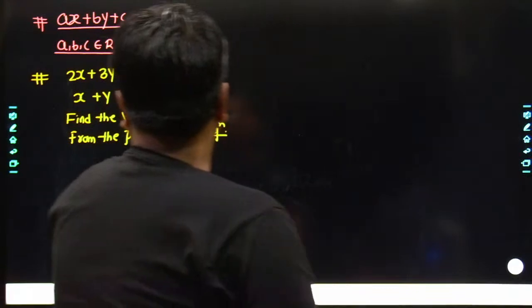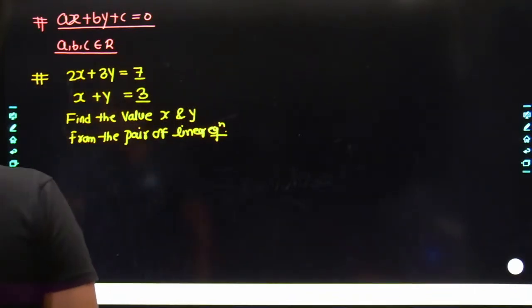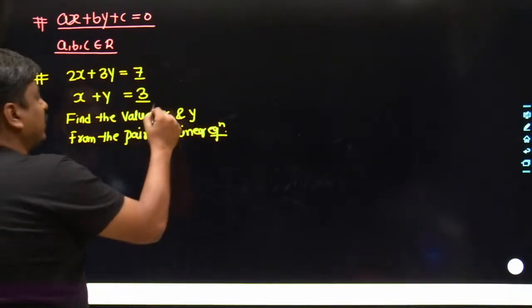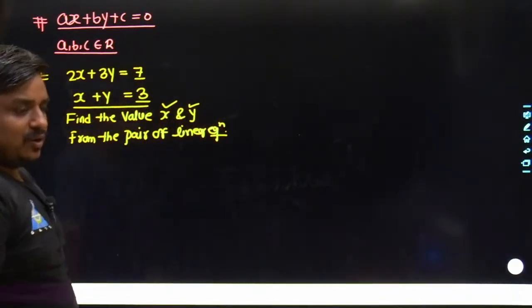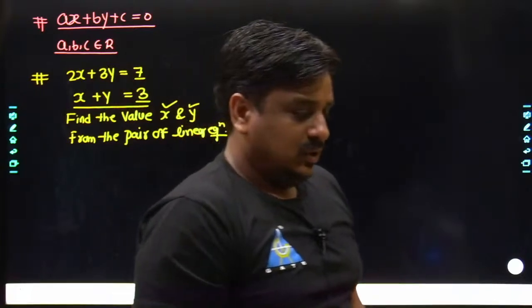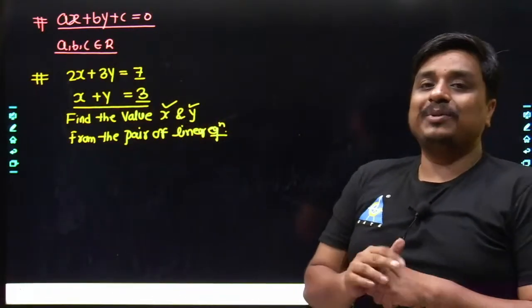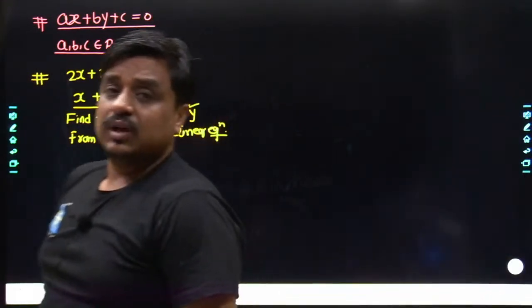I have got two straight lines. The first is 2x plus 3y equals 7. The second is x plus y equals 3. I need to find the value of x and y after solving this pair of linear equations. Tell me, what would be the answer for x and y? I would like to have the answer from each one of you.